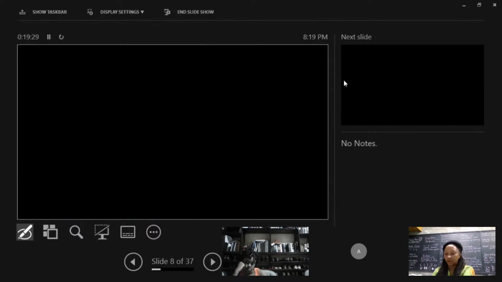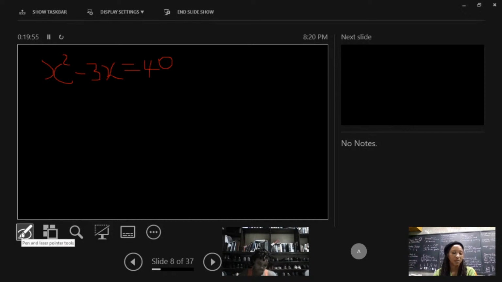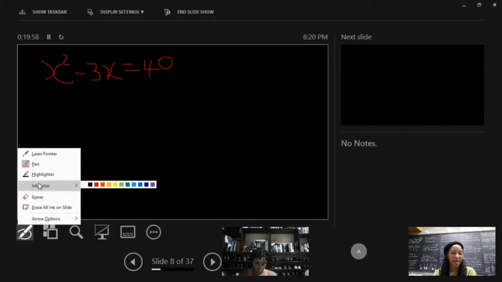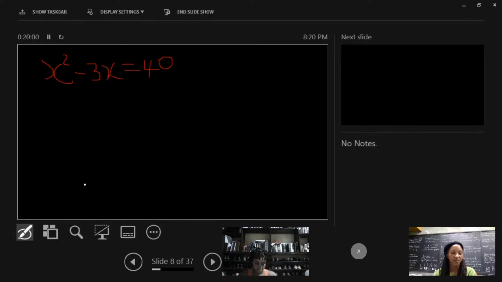Let's work another one. So we have x squared minus 3x is equal to 40. So the first thing I notice is that it is not yet in the quadratic form. Remember, the quadratic form has the x squared term, then the x term, and then the constant term.